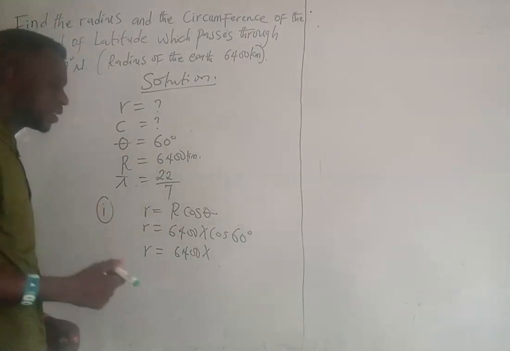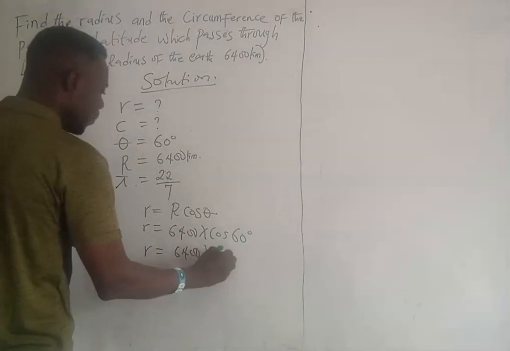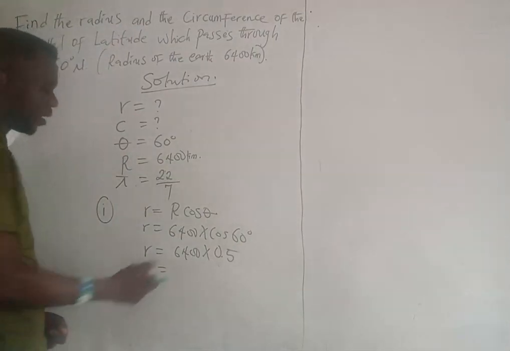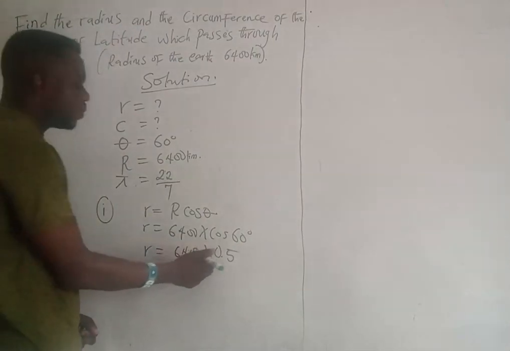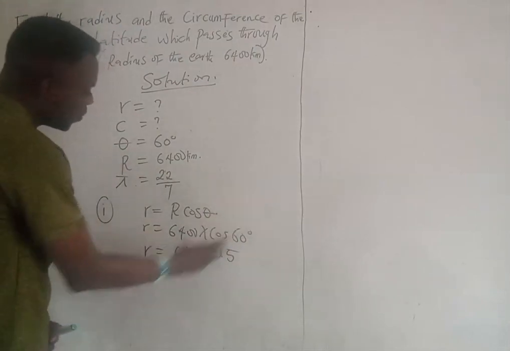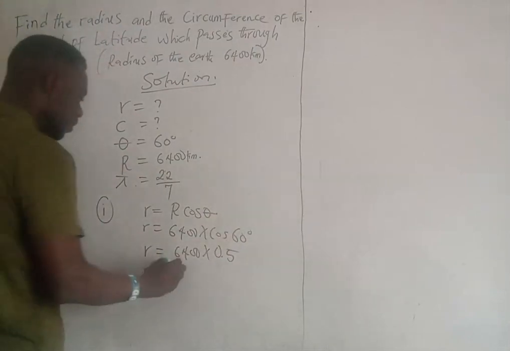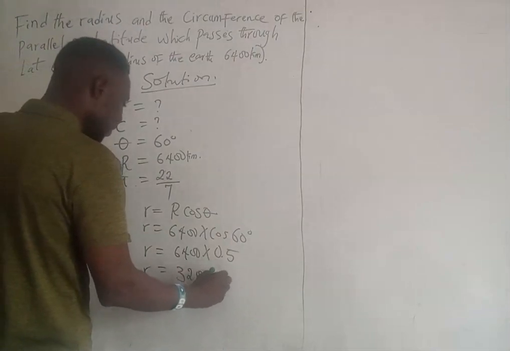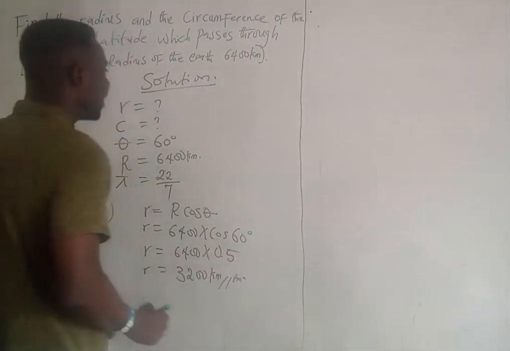If you press cos 60, it will give you 0.5. By the time you multiply them together, you have 6,400 multiplied by 0.5. 0.5 is half, that is 1 over 2. So half of 6,400 will give us 3,200 kilometers. This is the answer.